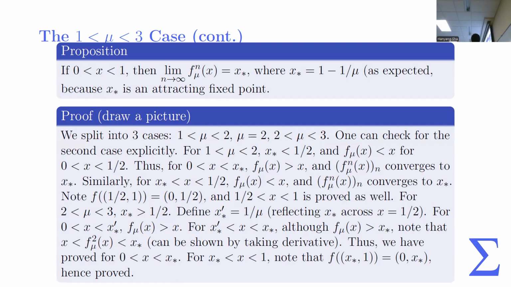Then the orbit of x will converge to the tracking fixed point, which for mu in between 1 and 3 will be 1 minus 1 over mu.